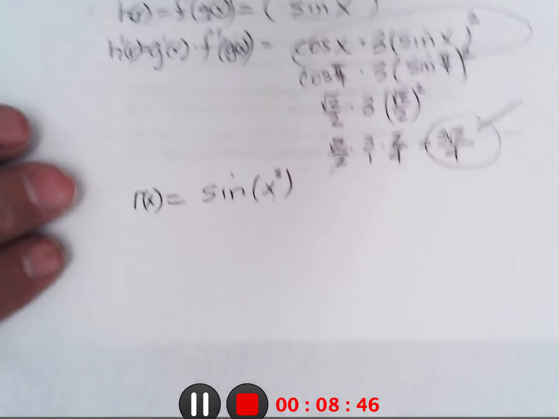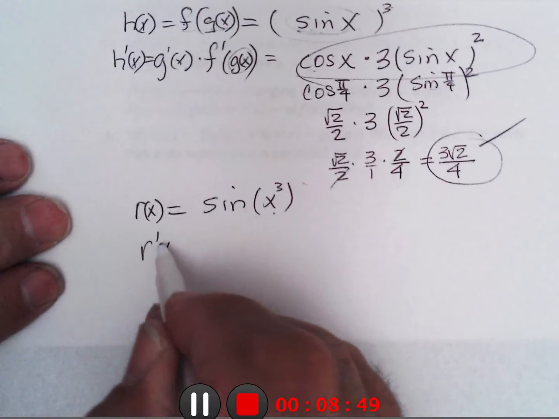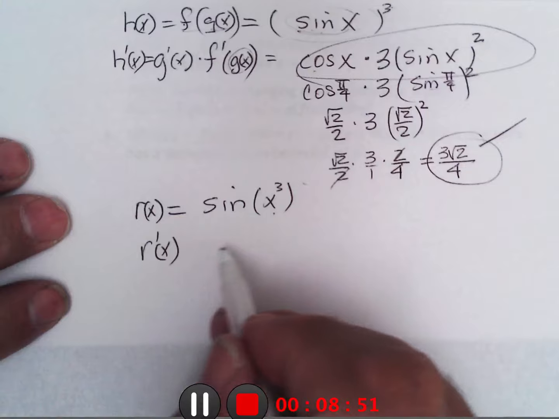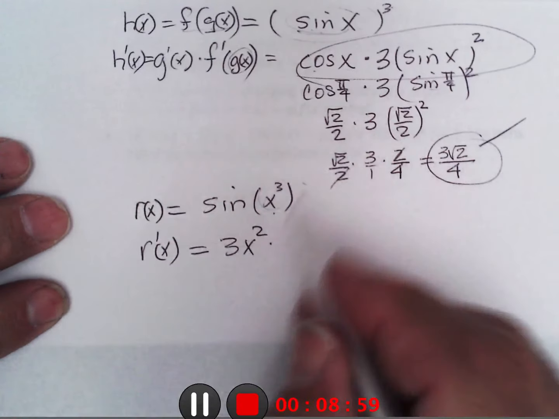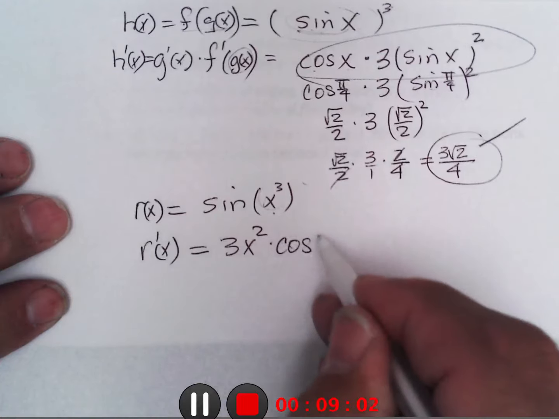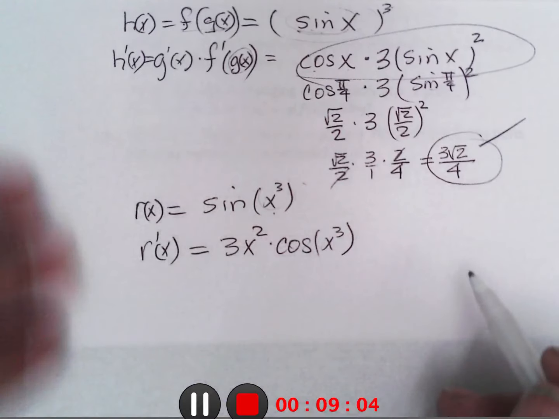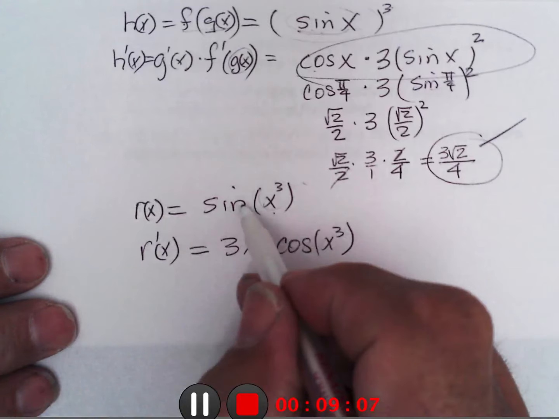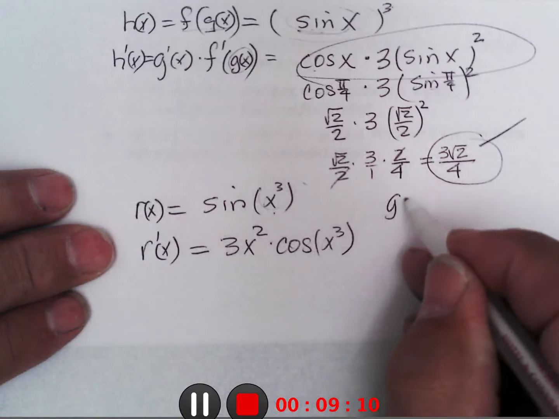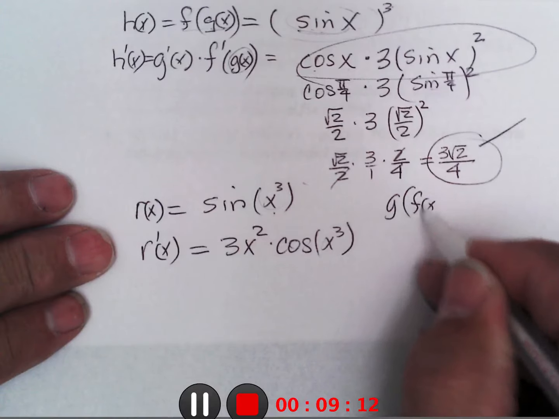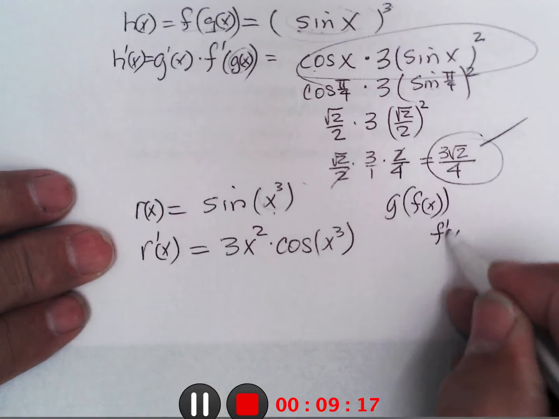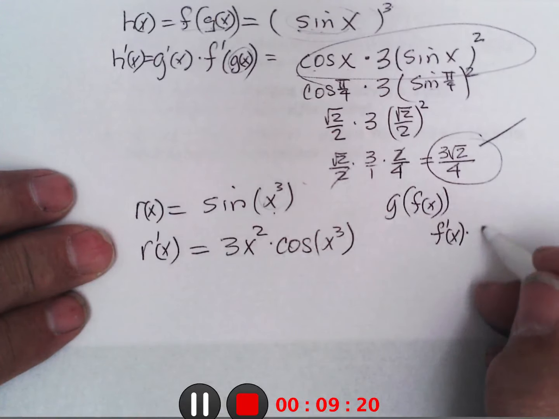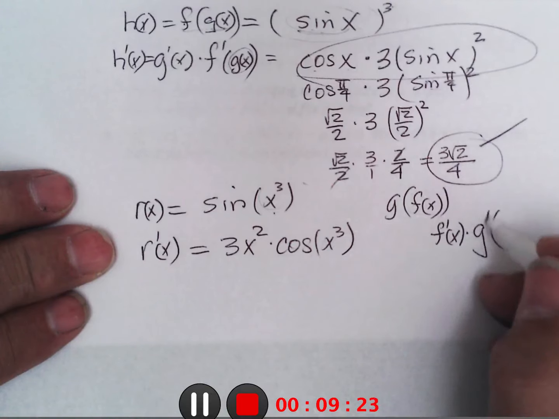So r prime of x is going to be derivative of the inside times the bigger picture, derivative of sine of something is cosine of the something. Or if you will, we have g of f of x. Its derivative is the derivative of the inside, f prime of x, times the derivative of the bigger picture, g prime of f of x.